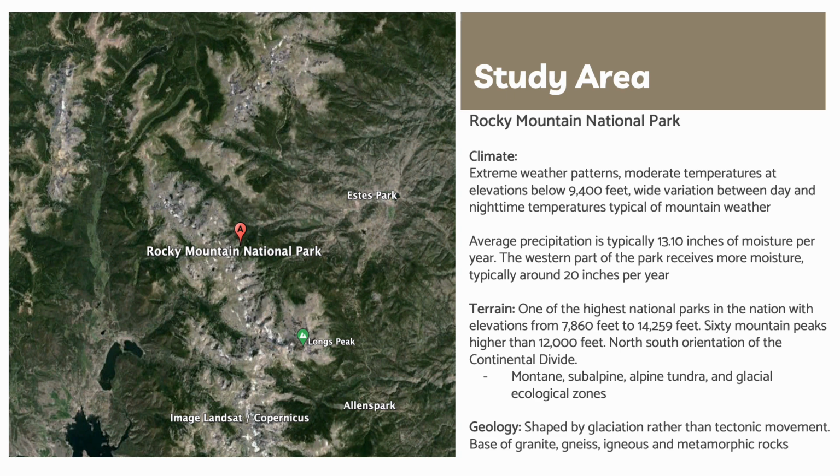The average precipitation is around 13.10 inches of moisture per year, which is in Estes Park, but as you move closer to Grand Lake, this increases with around 20 inches per year.